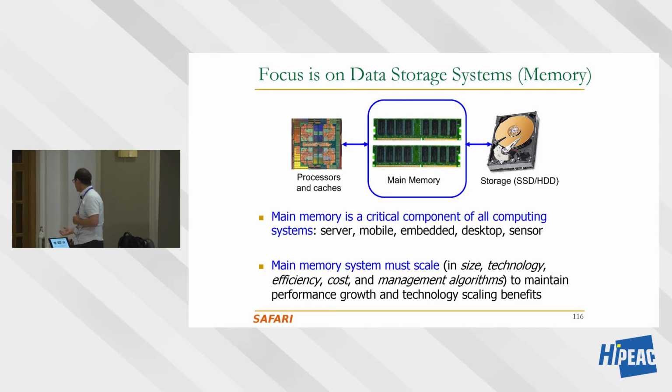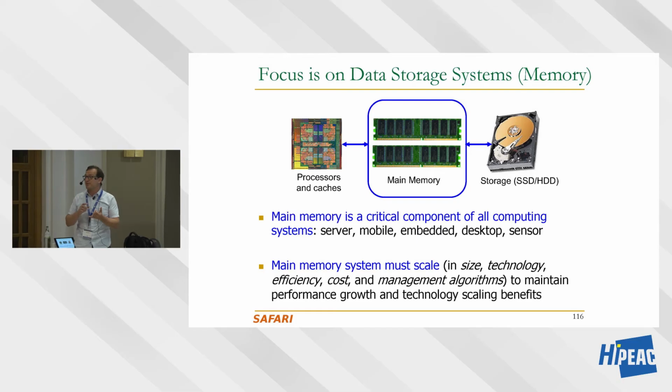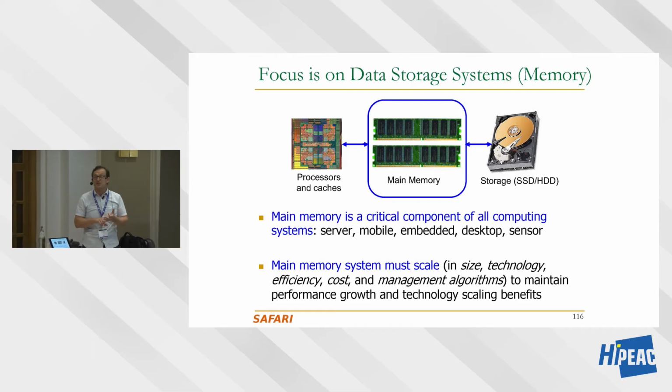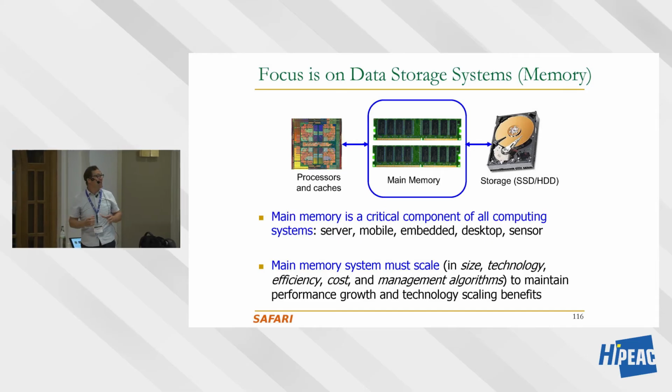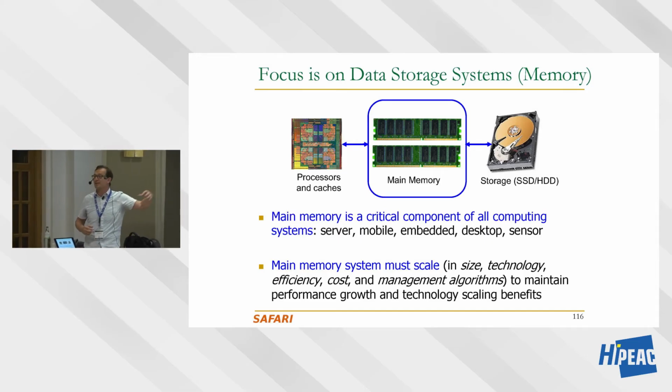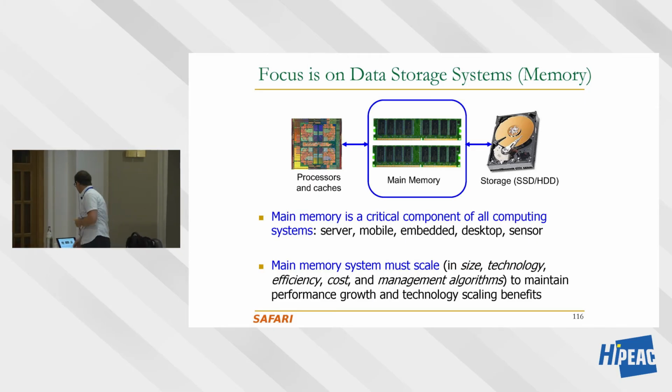Main memory is really a critical component of all computing systems that you design today. Every system that you design today needs to have a main memory, working storage, including machine learning accelerators like you've seen yesterday. And this main memory system must scale in many dimensions in terms of its capacity, technology, efficiency, cost, and the algorithms we use to manage it. If you want to maintain performance growth and technology scaling benefits, if you want to satisfy all of those future requirements that we want.